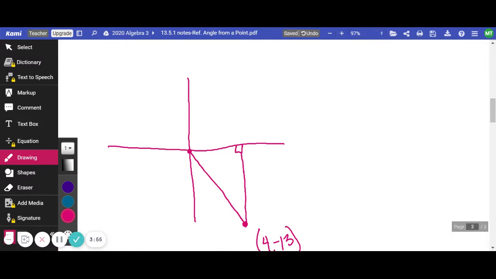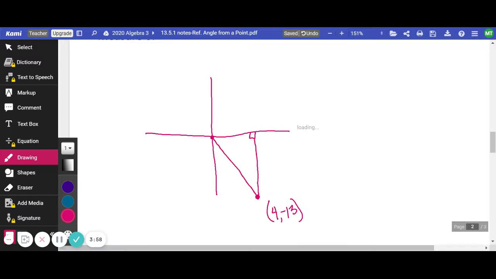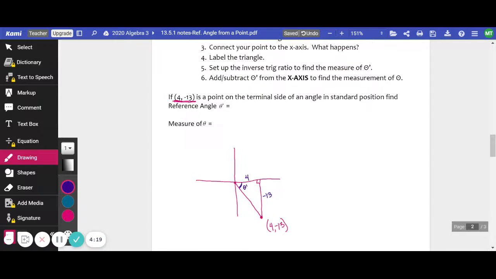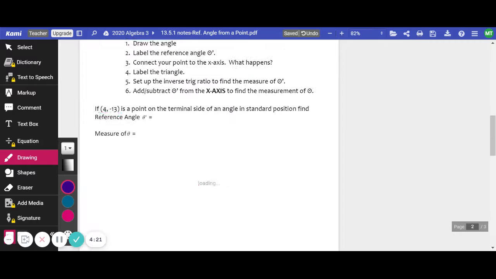I wanted to zoom in so I can write it more neatly for you. So I went over 4, and I went down 13. And then this is going to be my theta prime. So I labeled the reference angle, theta prime, and I labeled my triangle 4 and -13.